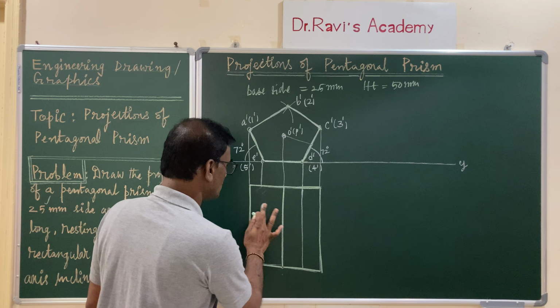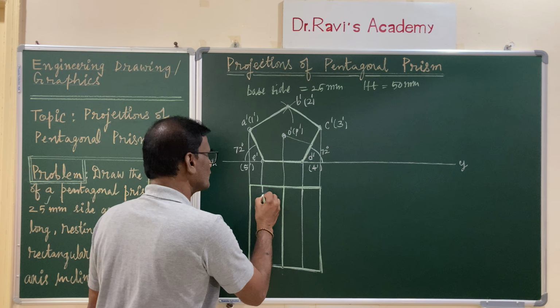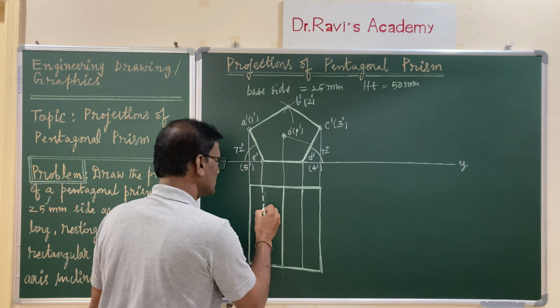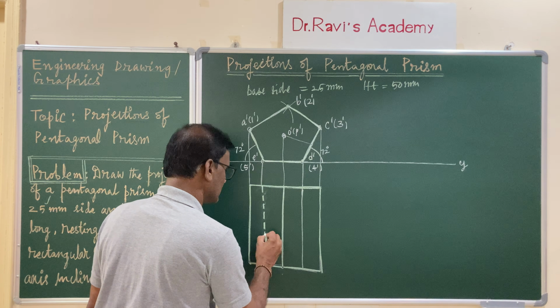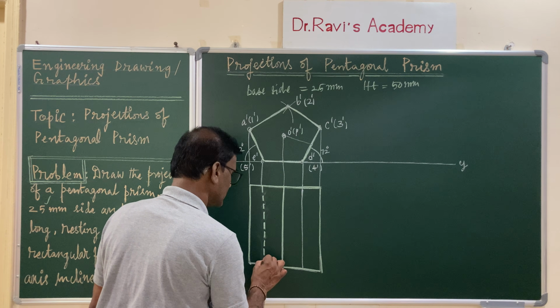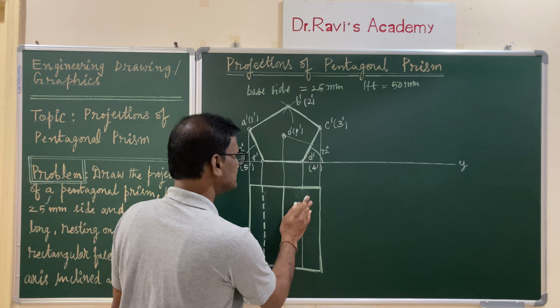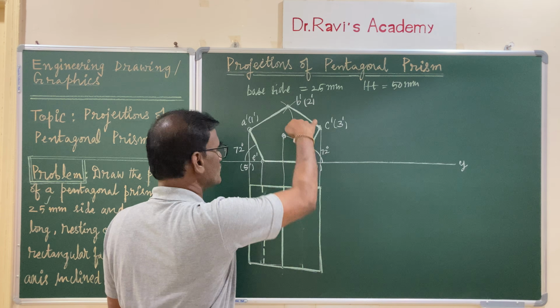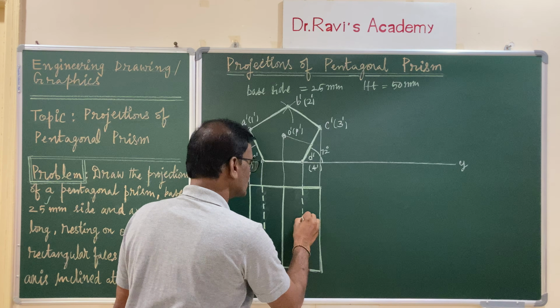The hidden edge you have to mark with HB pencil, but it is 4-2-4-2 you have to mark. Length of 4 mm and gap of 2 mm. This is a dashed line. The dashed line you have to draw with 4 mm length and 2 mm gap. Similarly, the other side also. This is also hidden from the top view. So 4 mm, it is 4-2-4-2 you have to make.